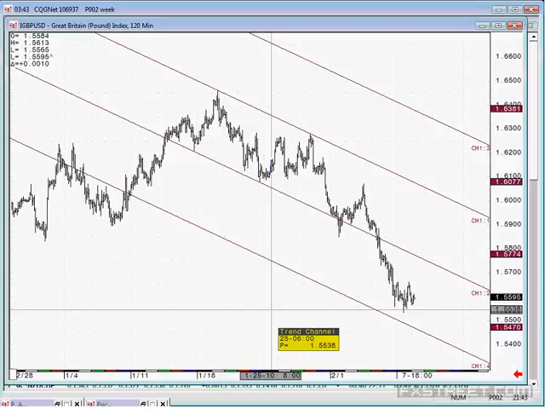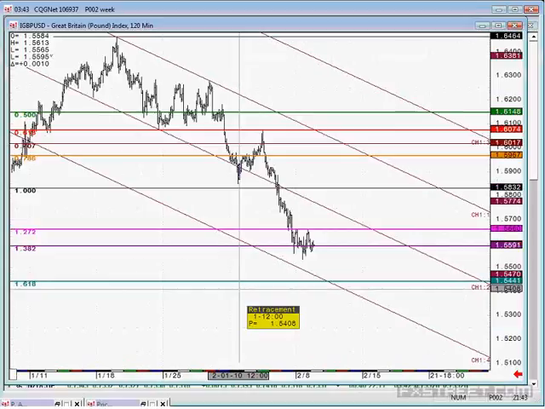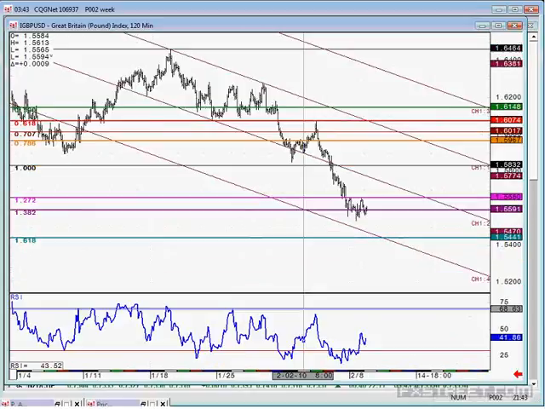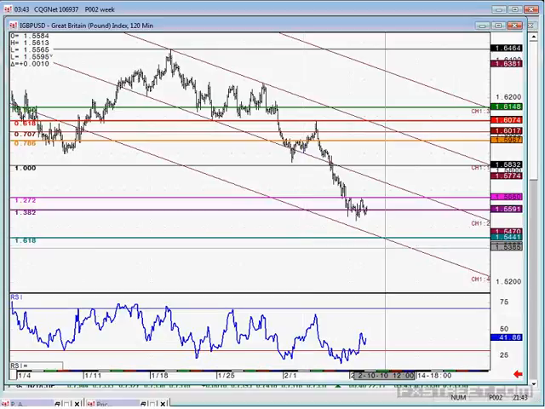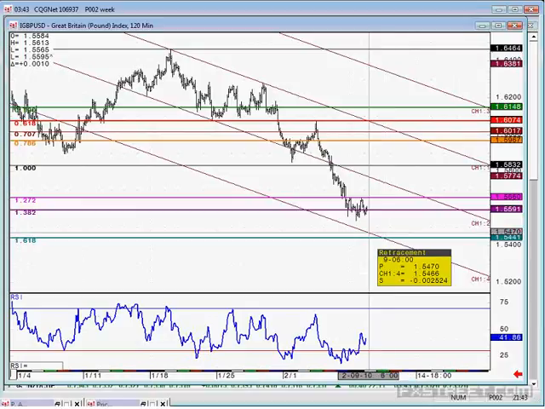So this is the channel which I look at. If you see on the RSI, it has hit oversold. Right now it is pulling back, so it is trying to find its bottom.